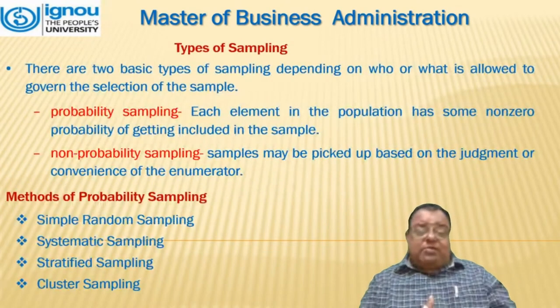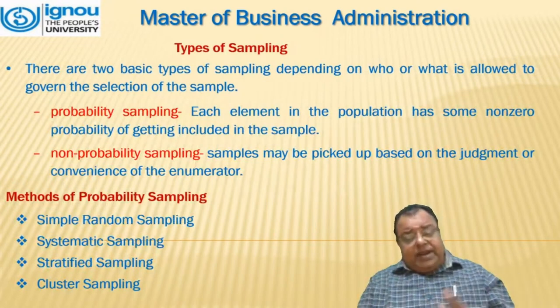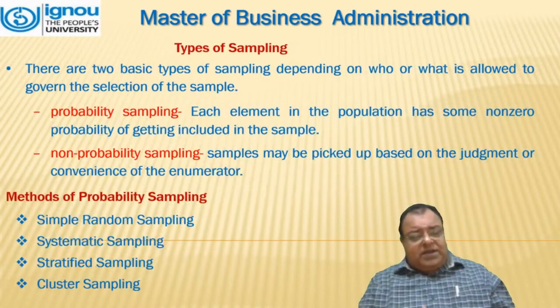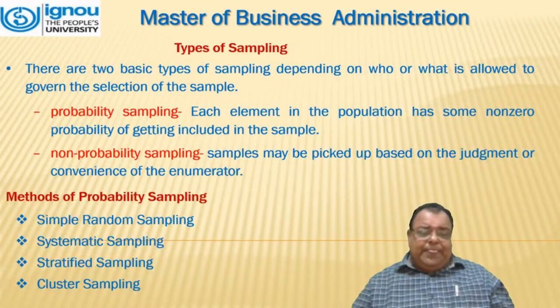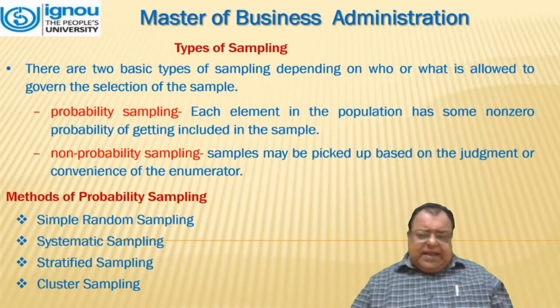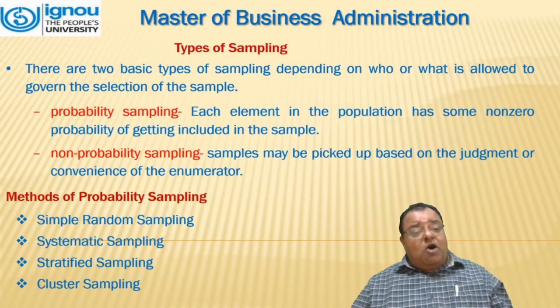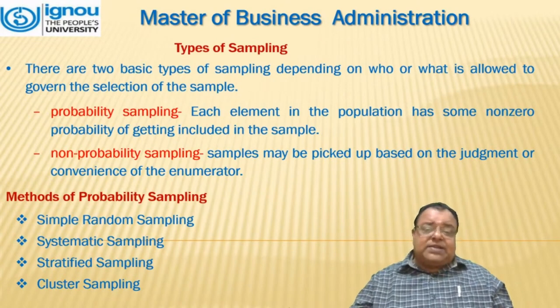What are the different types of sampling? There are two basic types of sampling, depending on who or what is allowed to control the selection of the sample. First one is probability sampling. Each element in the population has some non-zero probability of getting included in the sample.